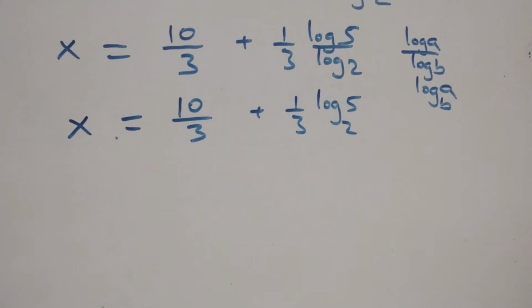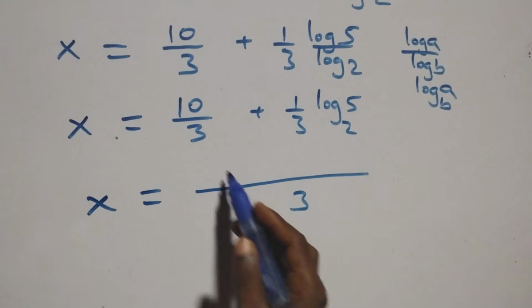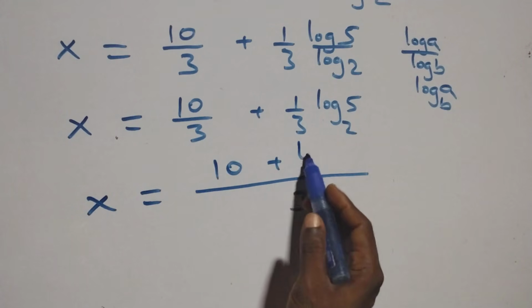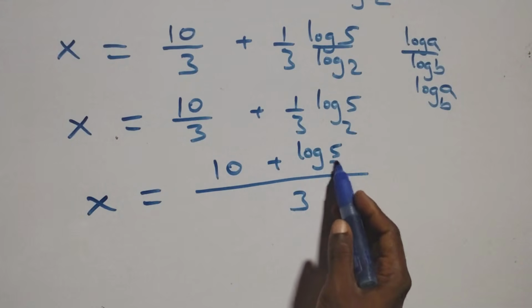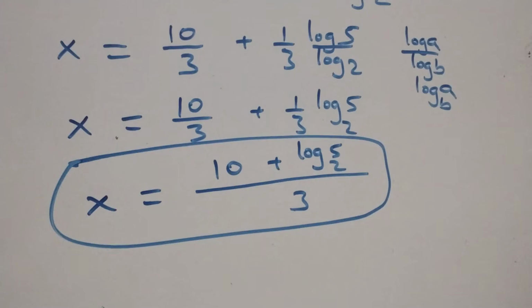Then we bring this together as a fraction. We have x equals, the LCM being 3, 10 plus log 5 base 2. That is the value of x: 10 plus log 5 base 2 all over 3.